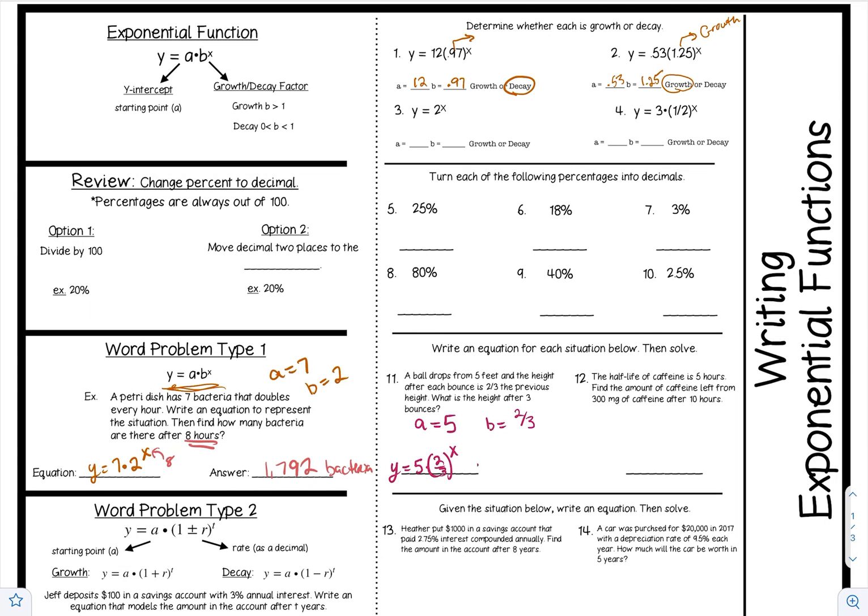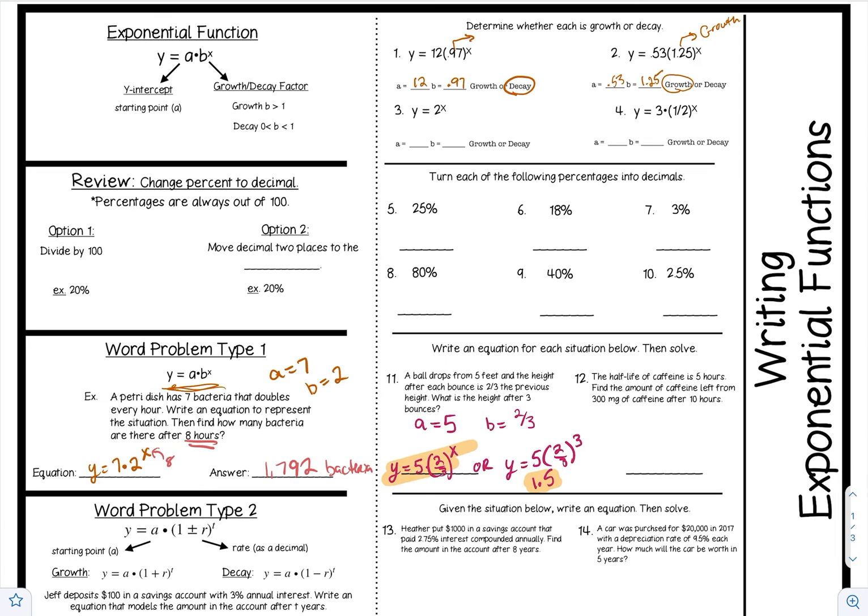And if we want to find our height after 3 bounces, it becomes y equals 5 times 2/3 to the 3. And then we plug this in the calculator. And we're left with about 1.5. 1.5 feet will be the height after 3 bounces.